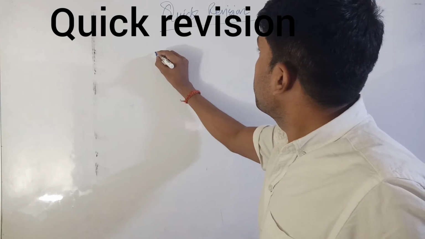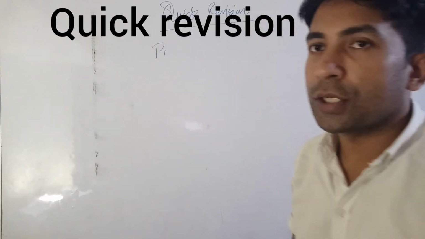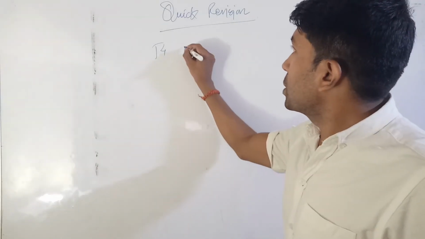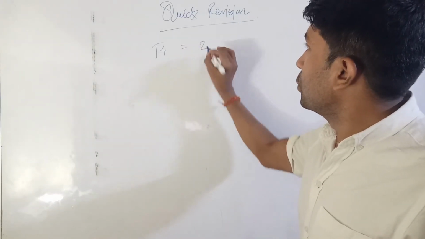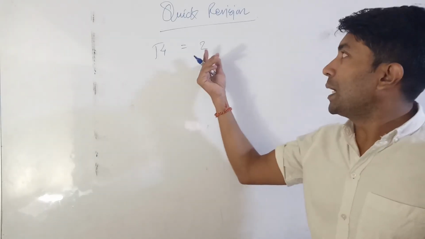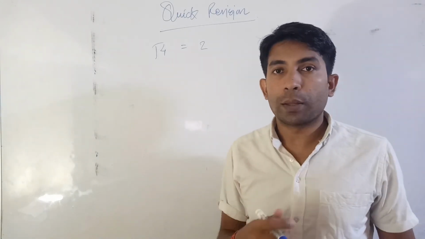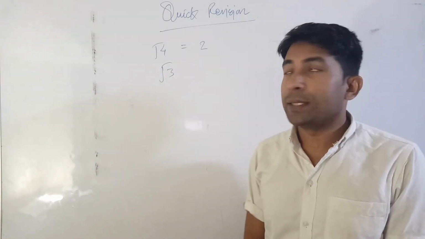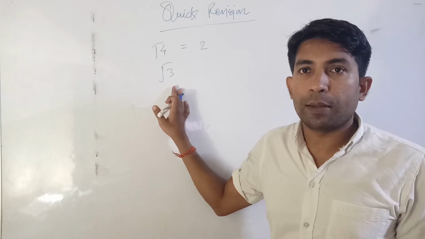Suppose I put here root 4. What is root 4? Is it rational or irrational? This is a defined number because the square root of 4 is 2, so it's a rational number. It is also a natural number, it's also a whole number. If I write here root 3, this is not defined, so that's why this is only an irrational number.